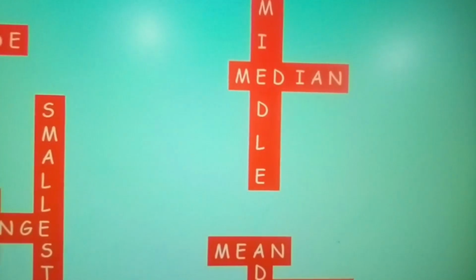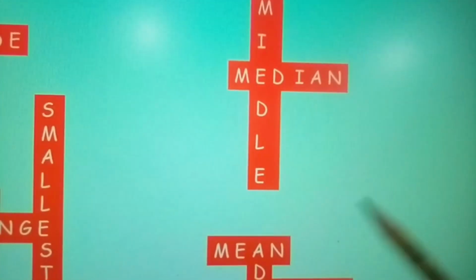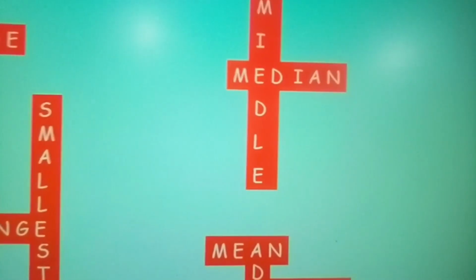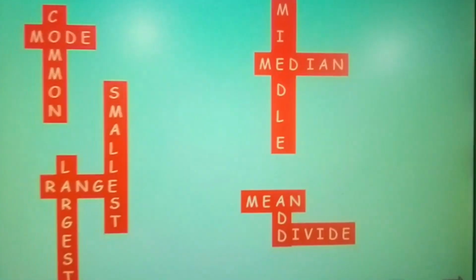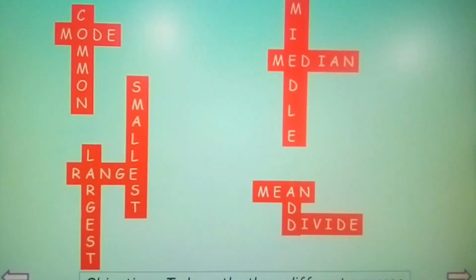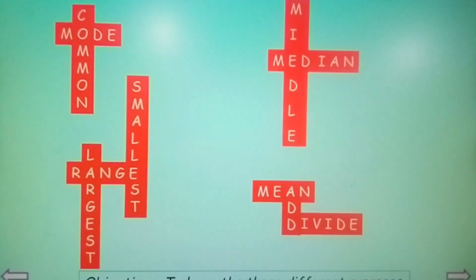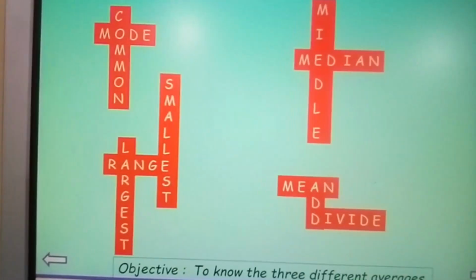So if I have three values, I will add them together and divide by the number I have. So it'd be 3, 1, 2, and I would divide by 3. Therefore, the mean would be 2. Now, objective: to know the three different averages. Again, always keep the objective in mind.